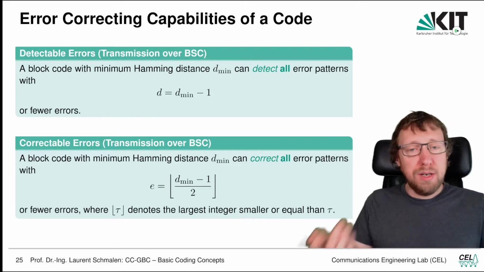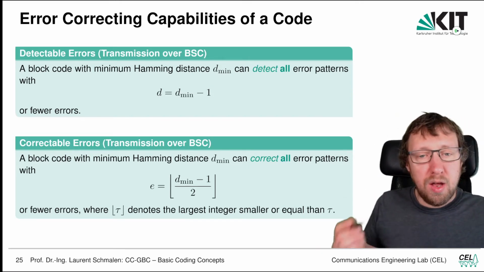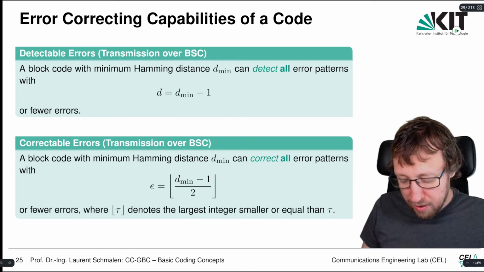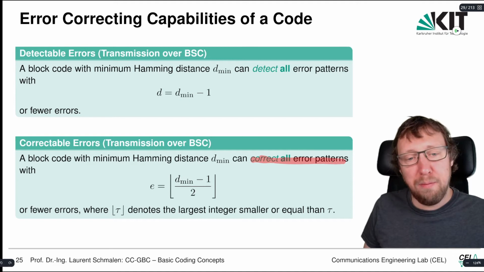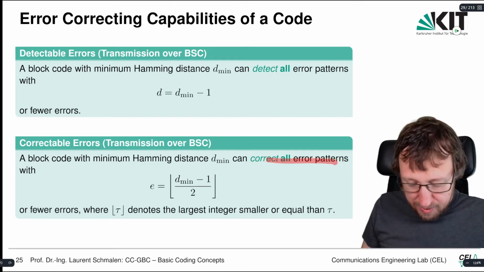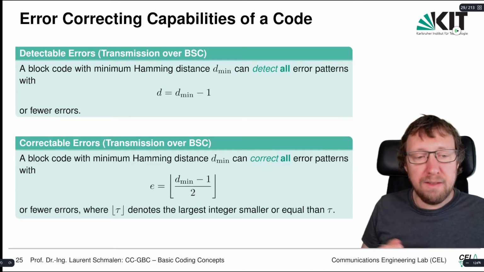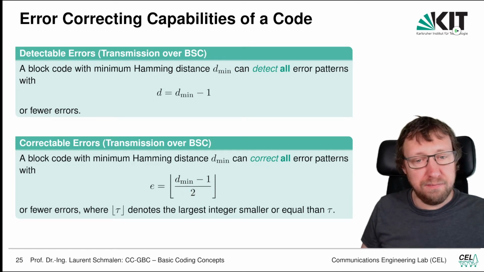And if you have a transmission over the BSC, then a block code with a minimum Hamming distance of D min can correct all possible error patterns with floor of (D min minus 1) divided by 2 or fewer errors.